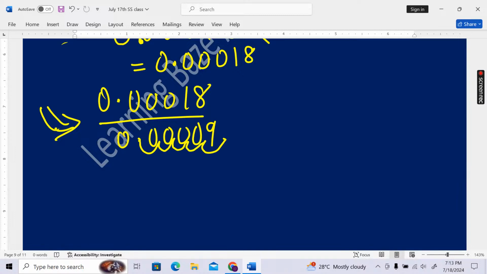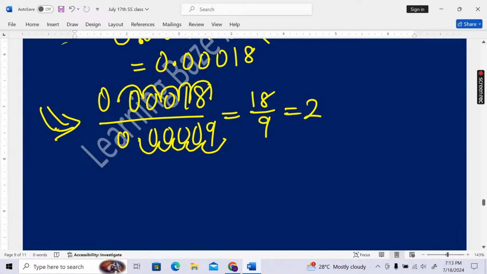Since we counted 5 to move the decimal point outside so that we can have 9, we're also going to shift the decimal point of the numerator 5 times to the right. 1, 2, 3, 4, and 5. So the decimal point has been shifted out also. That will be 18 divided by 9. The answer is 2.